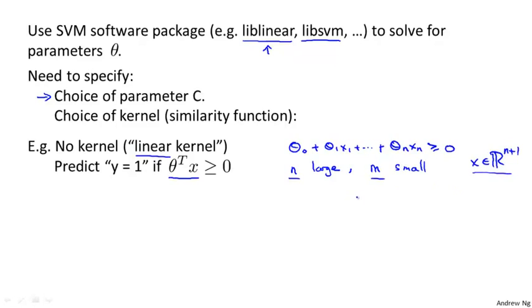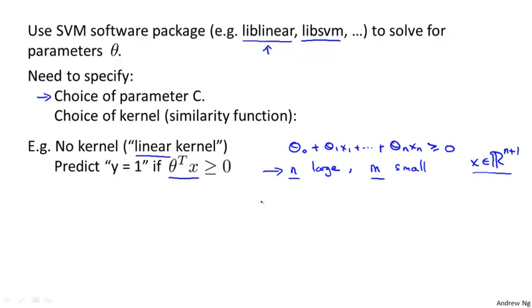Maybe you want to just fit a linear decision boundary and not try to fit a very complicated nonlinear function, because you might not have enough data and you might risk overfitting if you try to fit a very complicated function in a very high dimensional feature space with a small training set. So this would be one reasonable setting where you might decide to just not use a kernel, or equivalently, use what's called a linear kernel.